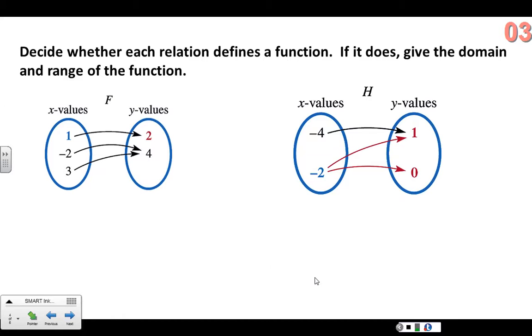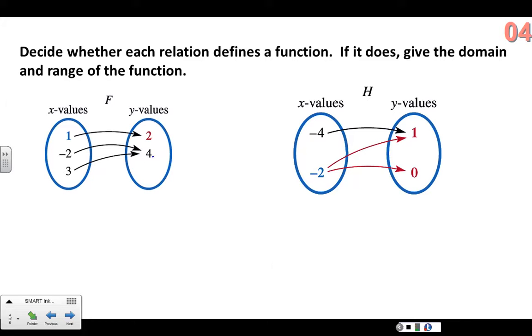Here are a couple other ways we could represent this situation. Decide whether each relation defines a function. If it does, give the domain and range of the function. So in this function f, we have x values or inputs: 1, -2, and 3. So there's your domain, and your range is 2 and 4. Now notice you don't repeat yourself on any x values. Each x value maps to one specific y value.